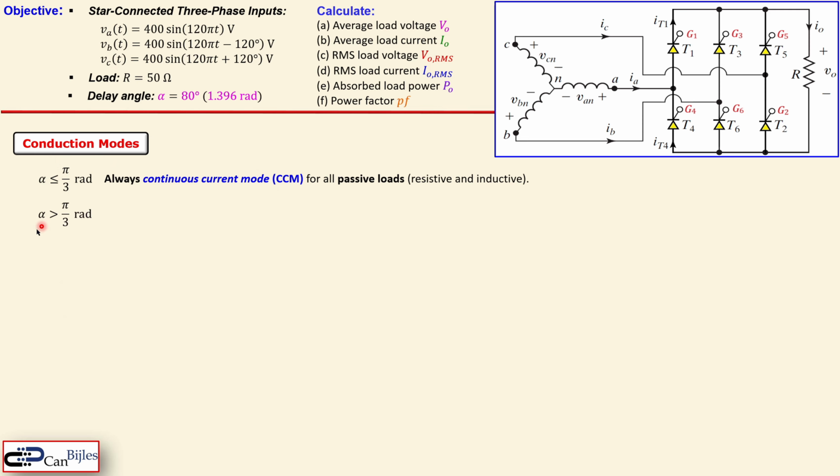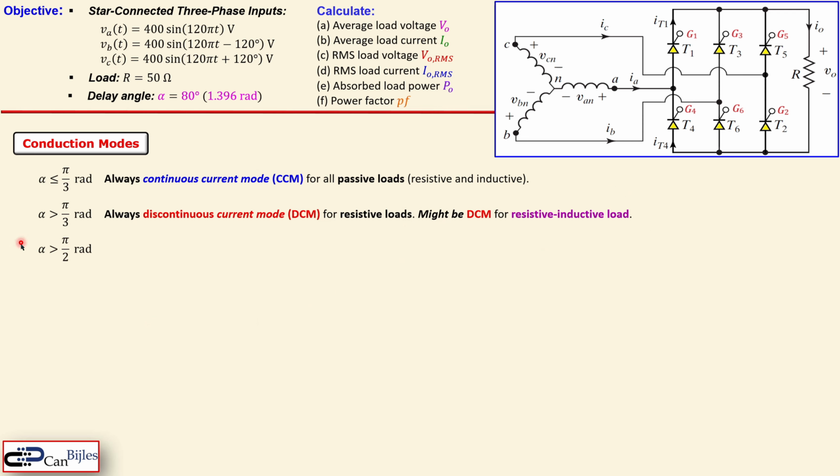If the delay angle alpha is larger than 60 degrees, so pi/3 radians, then you will always have a DCM, discontinuous current mode, for pure resistive loads, but it might be also DCM for resistive inductive load. That is not really sure, so this is also depending on other parameters.